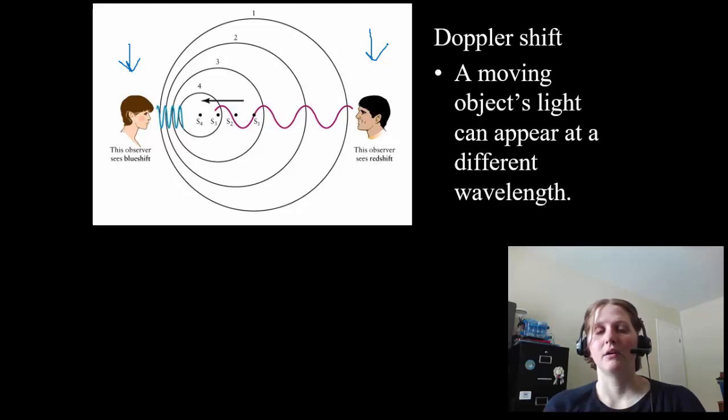Right? Blue shifted does not mean it appears blue. It means shifted higher energy than it should have been. Red shift does not mean seeing red. It means shifted to a lower energy than it should have been. The amount of shift tells us the speed. So by looking at spectra, we can tell the speed of the object.